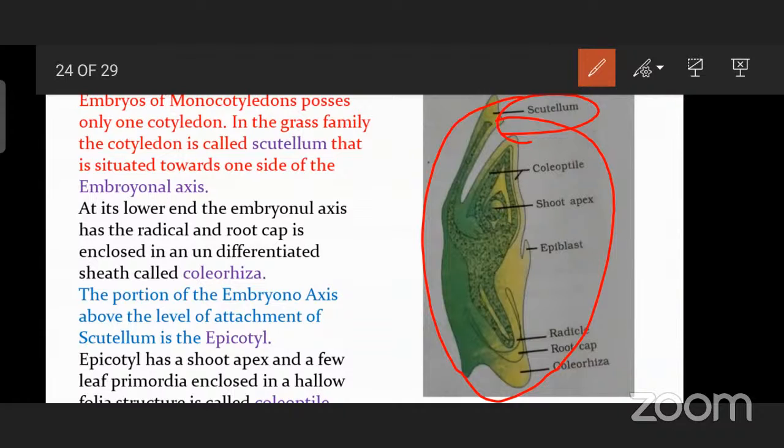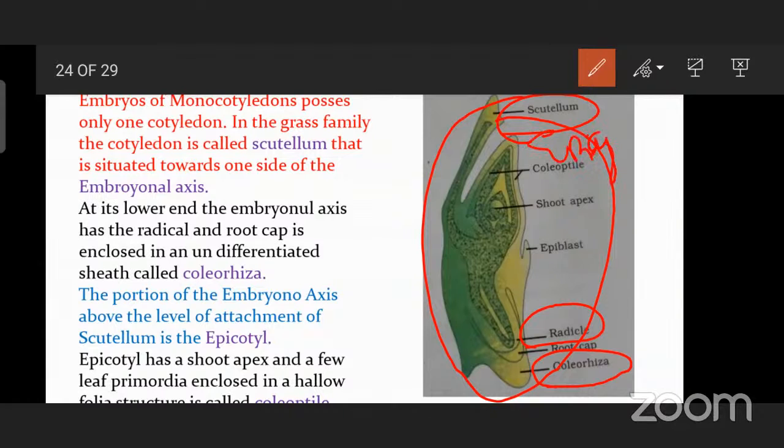At the lower end of the embryonal axis is the radicle, and the radicle and root cap are enclosed in an undifferentiated sheath called the coleorhiza. The portion of the embryonal axis above the level of attachment of the scutellum is the epicotyl.